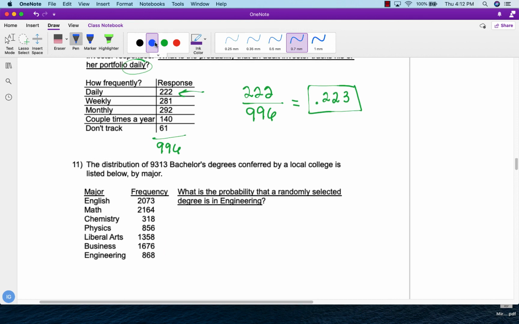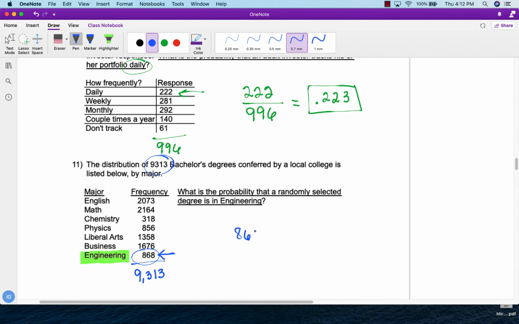So here, this is what they're asking, right? We do know the total. The total is given. Where's my pen? Right here. The total is given, so it's 9,313. So we're looking at this number because those are the engineering.